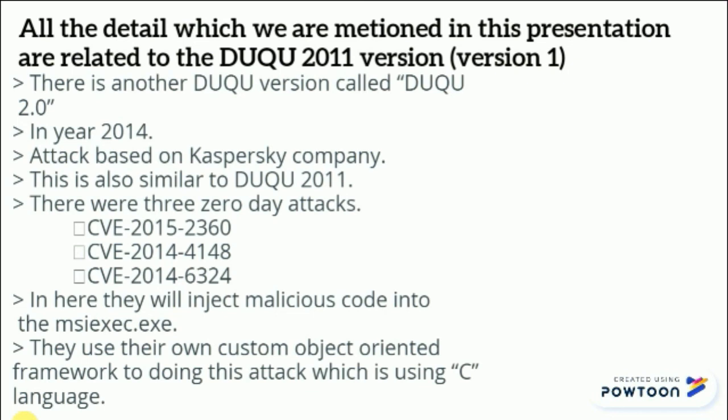In the new version there were 3 zero-day attacks: CVE-2015-2360, CVE-2014-4148, and CVE-2014-6324. Here they inject malicious code into msiexec.exe. They use their own custom object-oriented framework, written in C, to carry out this attack.